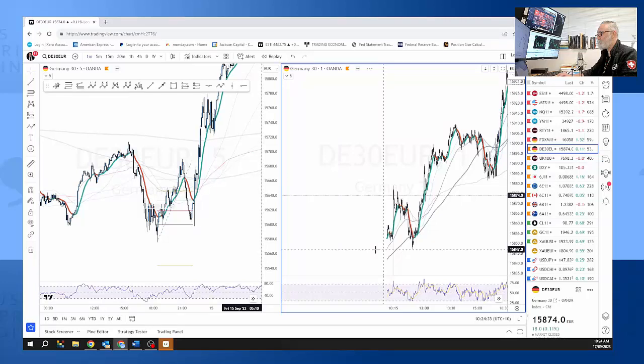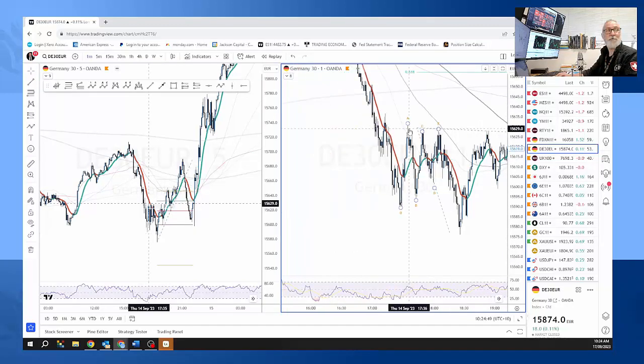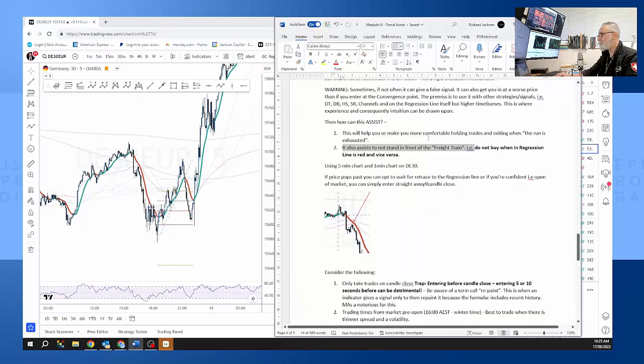In here, I went long on that. I got 15 out of it. You went short on the FT50, right? And then I went long again, and then I got caught, because I didn't wait until this thing turned over properly. So that brings me to my next point: traps.